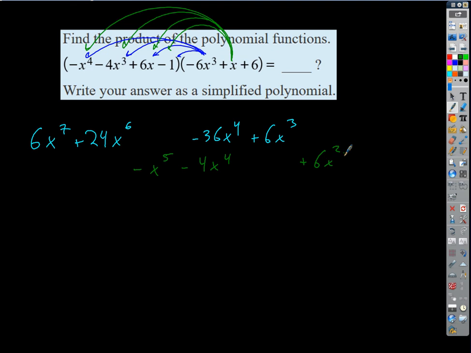Okay? And negative 1x. Okay, so minus x. Okay, if I distribute the 6 all the way through, negative 6x is 1. Negative 4x to the 3rd.